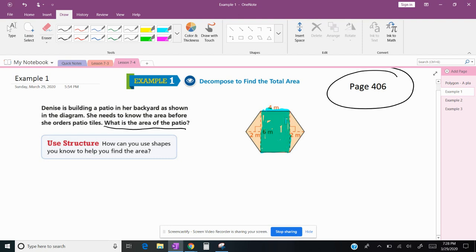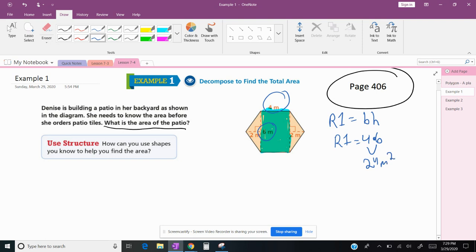Now, a rectangle is a type of parallelogram, and I'm going to call that rectangle 1, and the formula for that is base times height. So for rectangle 1, I see the base is 4, the height is 6. That one's pretty easy, so 4 times 6, and that's going to be 24 meters squared.